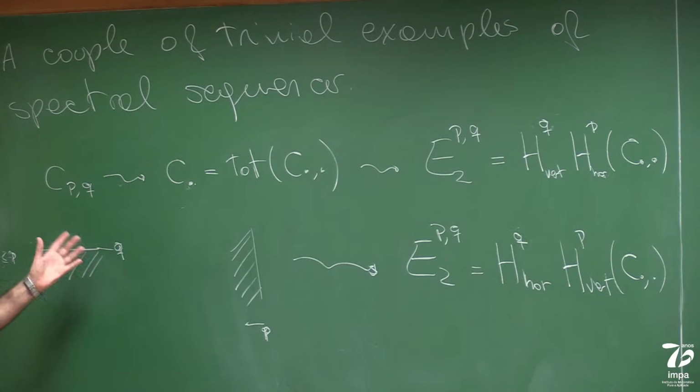I mean, if you have a double complex, it doesn't matter if you call this P and Q or if you call this Q and P, it's still a double complex. And you can reverse the orders.